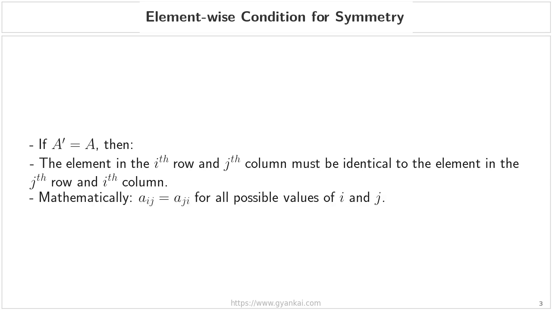To express this mathematically, we state that a sub ij equals a sub ji for all possible values of i and j. In simpler terms, this means that if you swap the row and column indices of any element, you should find the exact same value at that new position. Understanding this element-wise relationship is crucial, as it leads us directly into how we can visually identify these matrices, which we will cover in the next slide.